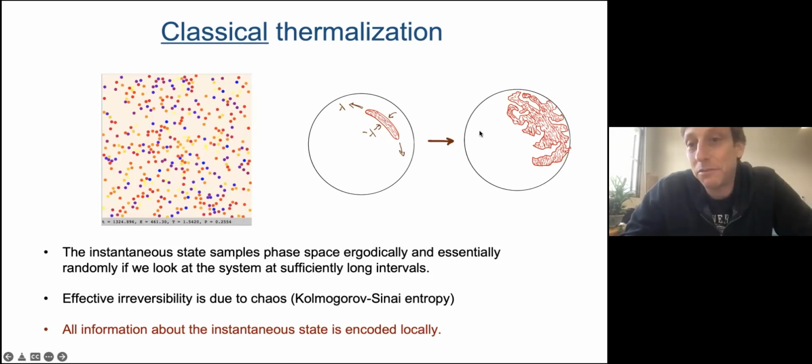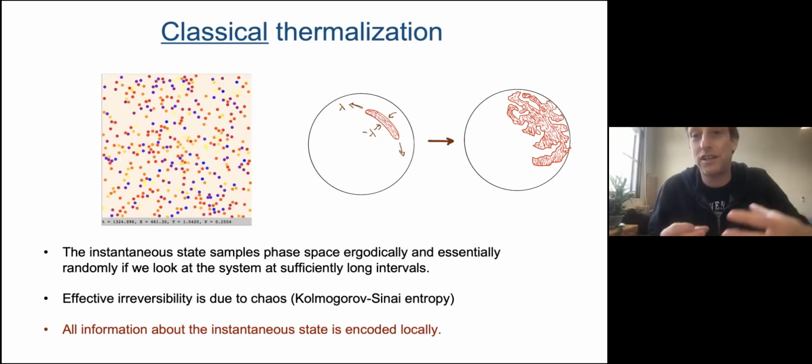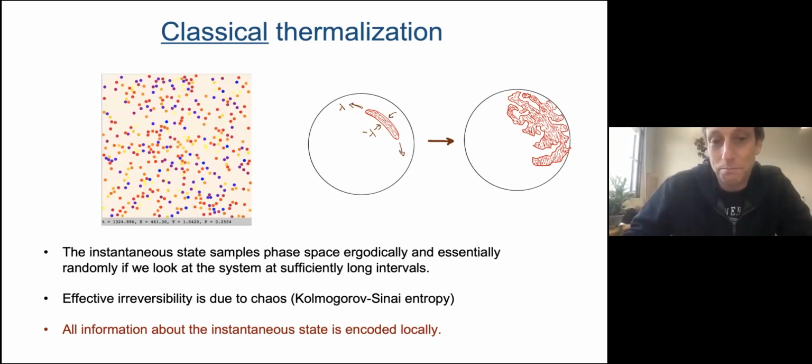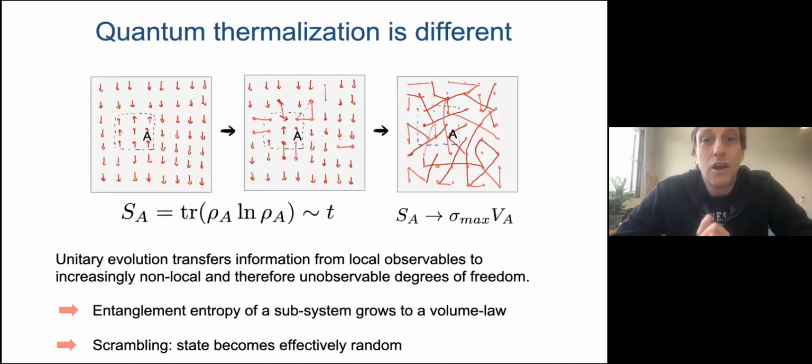On the right-hand side is another depiction of classical thermalization in the form of a distribution that becomes more and more complex, although its volume in phase space doesn't change. But the important thing is that all the information can be seen instantaneously in the state, and is encoded locally. Quantum thermalization is different.